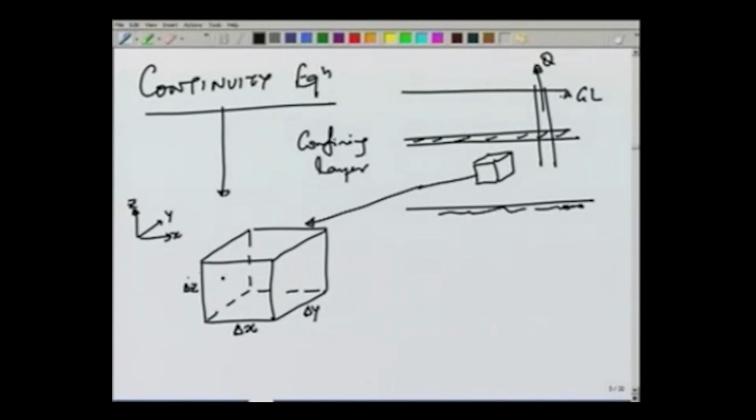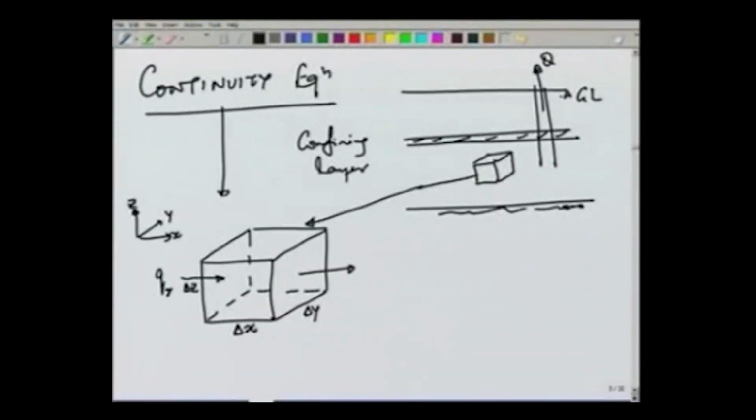Let us consider the flow in the x direction. The same thing can be done in y and z direction also, but let us start with the x direction and say that there is some velocity qx, which is the Darcy velocity in this case, not the seepage velocity.